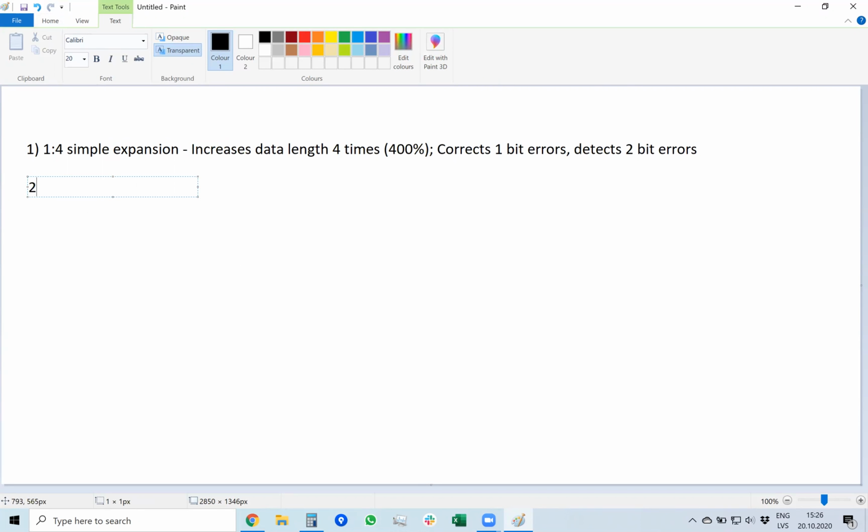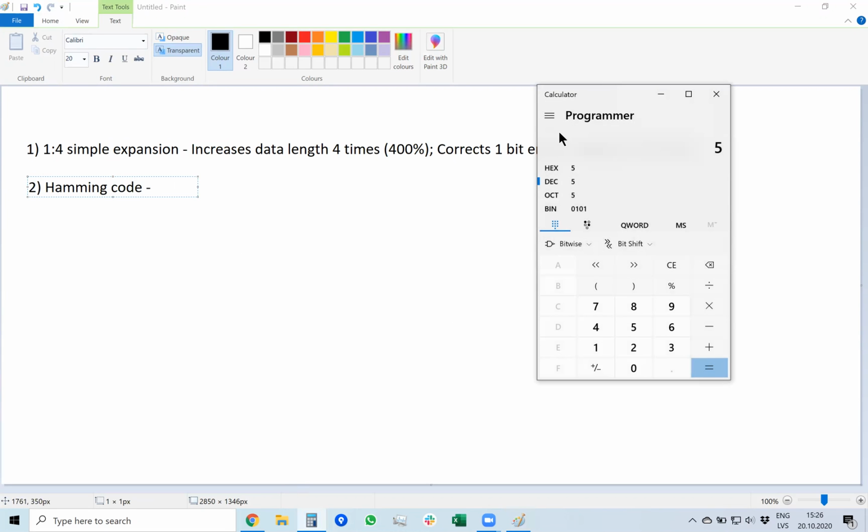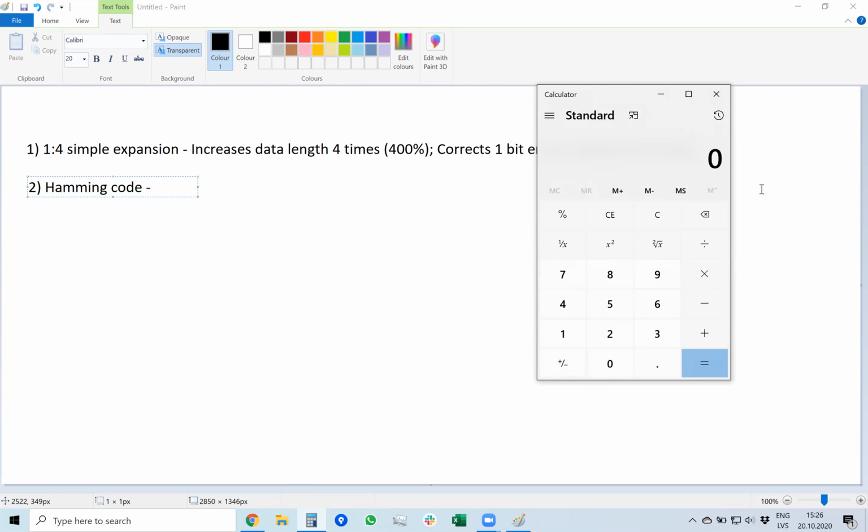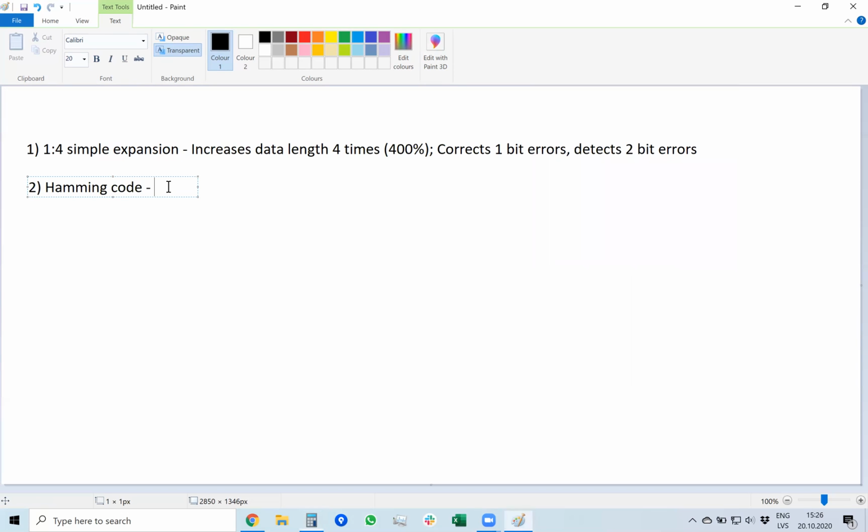Hamming codes: so it increased the number of bits from 7 to 11, right? 7 plus 4 is 11. So by how many percent did it increase? 4 divided by 7, that is 57%, so it's a 57% increase in data length.